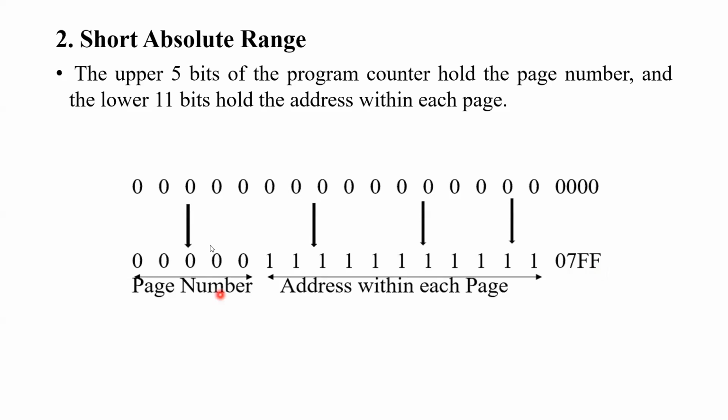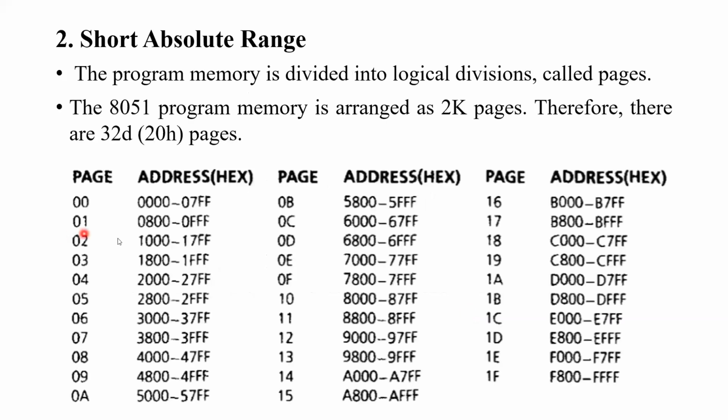The upper 5 bits represent the page number, and the lower 11 bits represent each of the lines, or each of the byte locations in that page, right? Similarly, we have 0, 1, so you can see the first bits are all zeros, so you have 4 zeros.